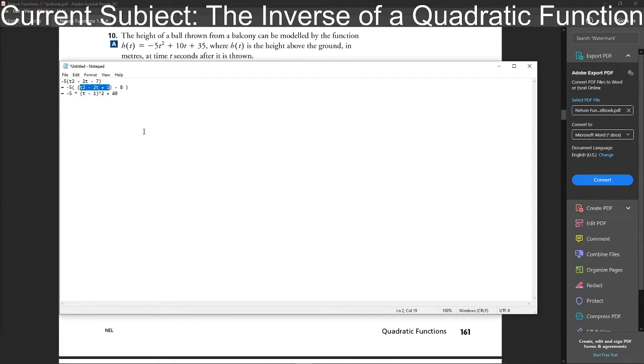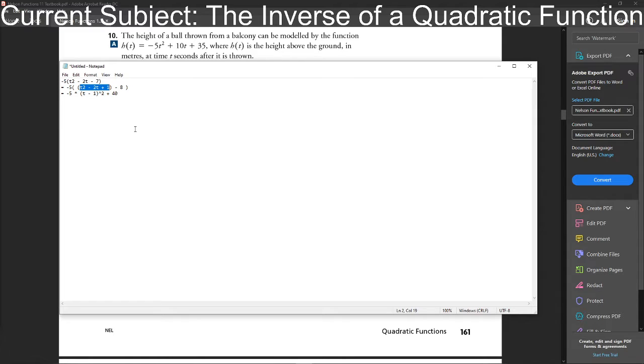And then over here, interesting, you actually subtract 8 out of that equation just to get t squared minus 2t plus 1.